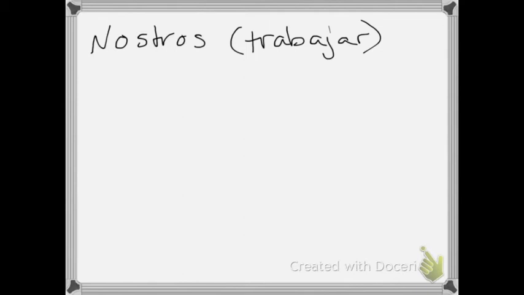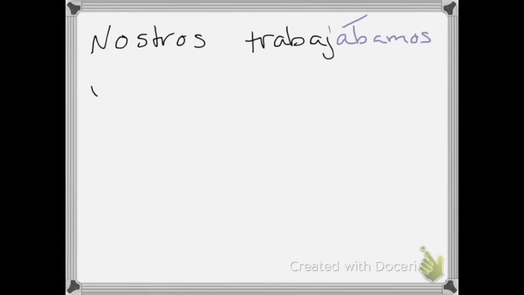I need to take off my AR ending, so let's erase that. Goodbye, AR ending. I know it's nosotros. If I look at my chart, my ending is ábamos, with a tilde. So this becomes nosotros trabajábamos. It's so fun to say. Just try it. Trabajábamos.